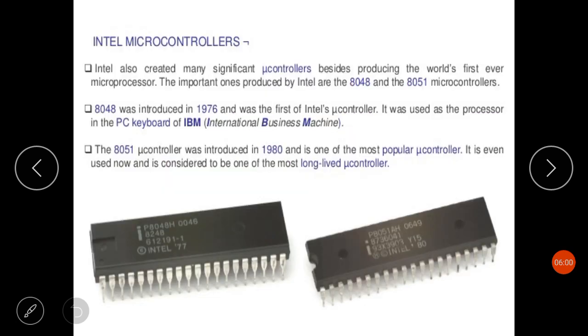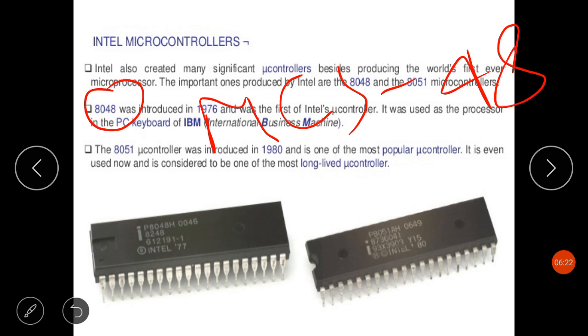Moving on to the evolution of microcontrollers. In the year 1976, Intel introduced the 8048 series of single chip microcontrollers. It is also known as MCS48. It contains an 8-bit CPU.